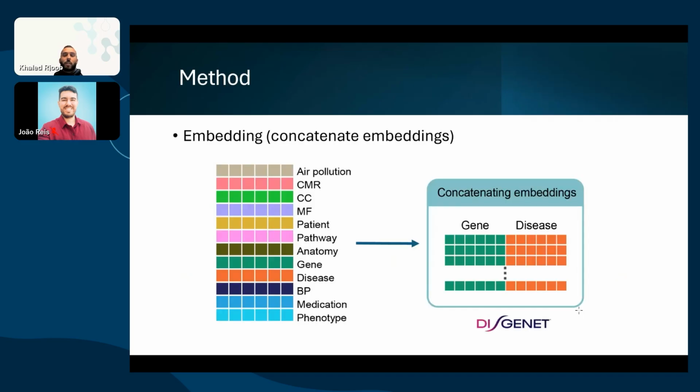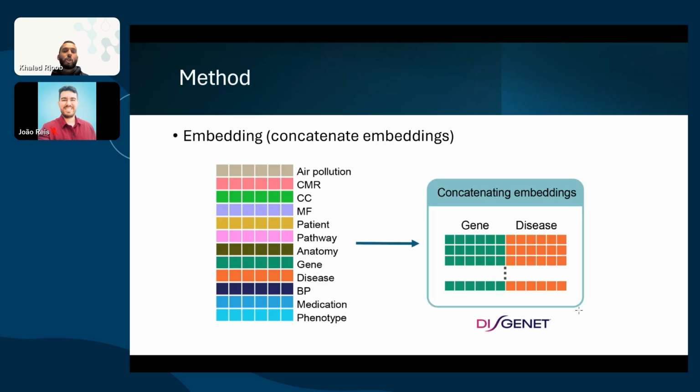After generating the embeddings from the knowledge graph using our embedding algorithm, we extracted the embeddings for the gene and the disease of interest. We classified them into positive genes and negative genes. Positive genes mean, in our case, genes that have known association with the disease of interest.